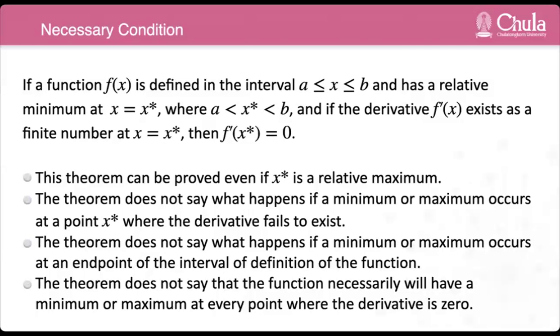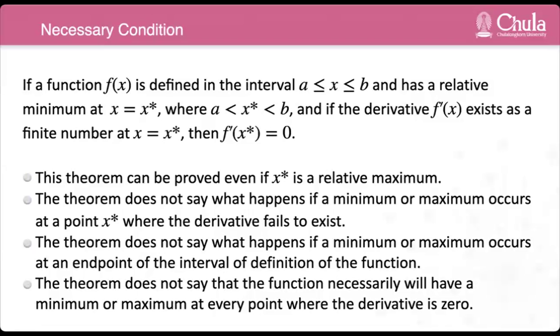I will show some examples of this case. The next one is that the theorem does not say what happens if a minimum or maximum occurs at the endpoint of the interval of the function. Endpoint means A or B, right?